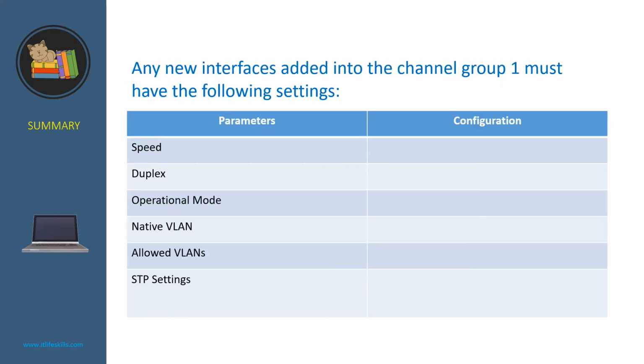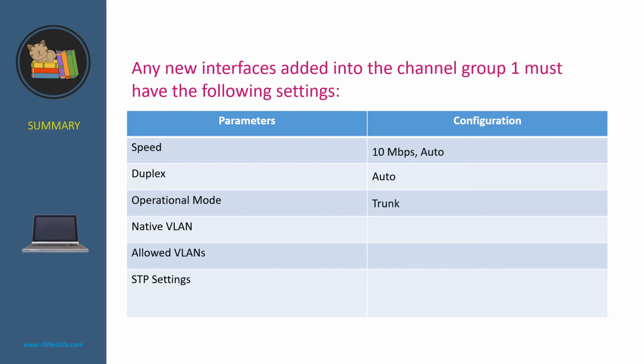In summary, any new interfaces added into the channel group 1 must have the following settings. The speed is 10 megabit per second and set to auto. The duplex mode is set to auto. The operational mode is trunk mode.